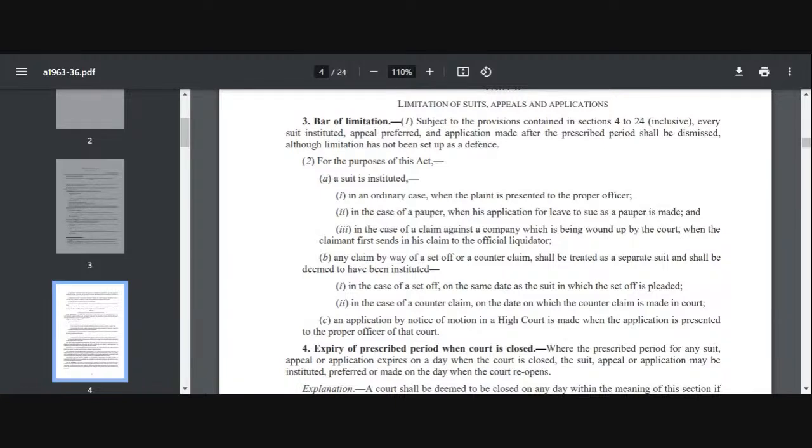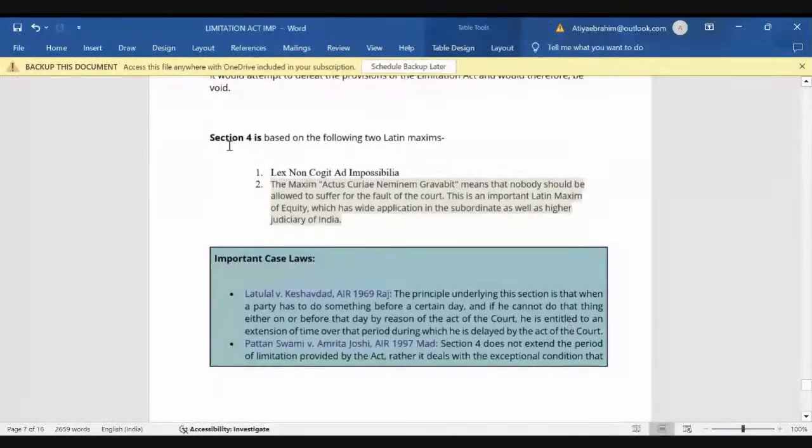If you see section 4, it is based on two maxims: lex non cogit ad impossibilia and actus curiae neminem gravabit.